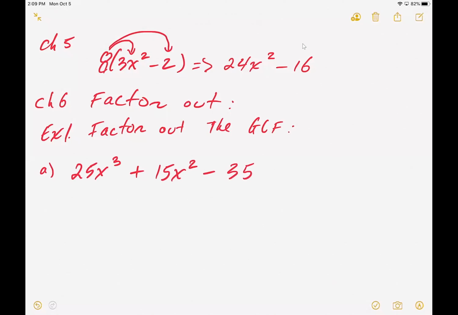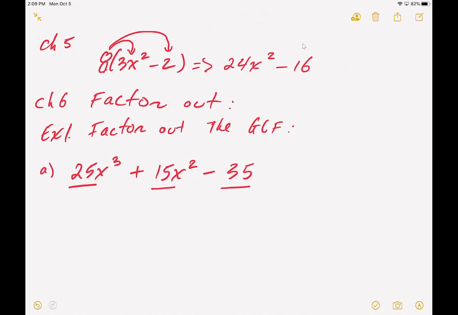No matter how big the problem is, all you ask yourself is this question, ladies and gentlemen. I have my first term, my second term, and my third term. In this case, this is a trinomial.